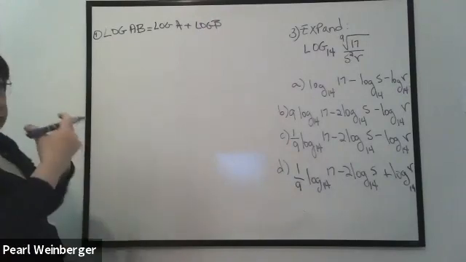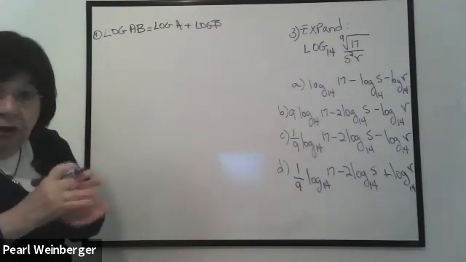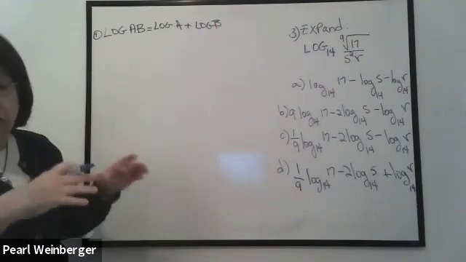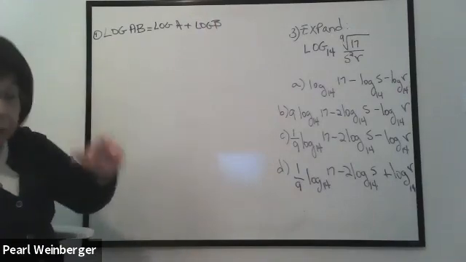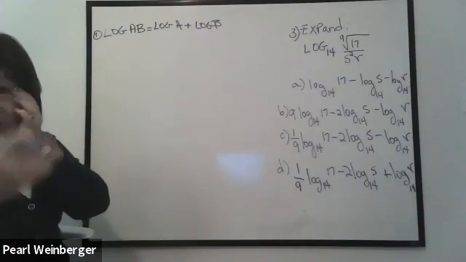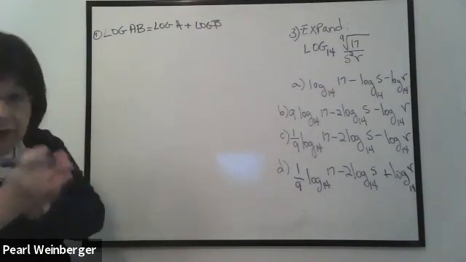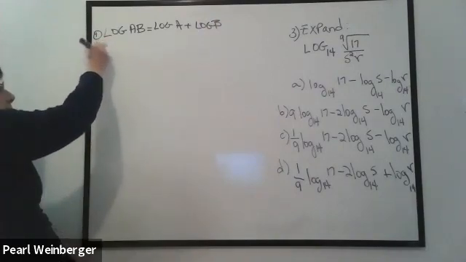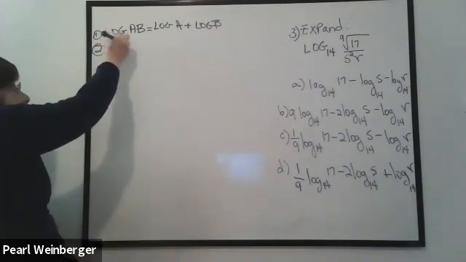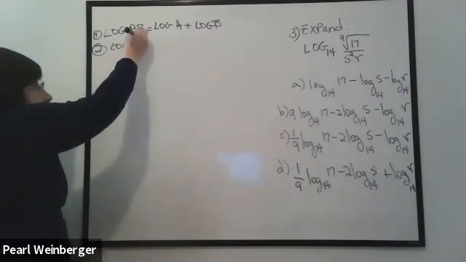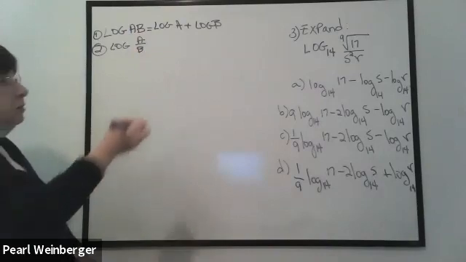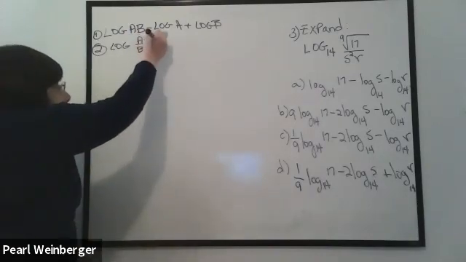And we know when we're multiplying numbers written in exponential form, in other words, a base with an exponent, what we do to the exponents is we add them. The logs are the exponents, so we add them. That was rule number one. Rule number two was that when we divide numbers, we subtract their exponents.